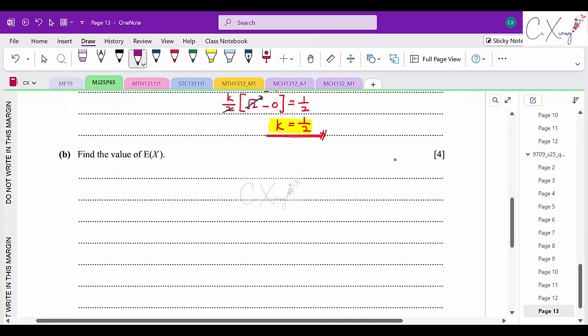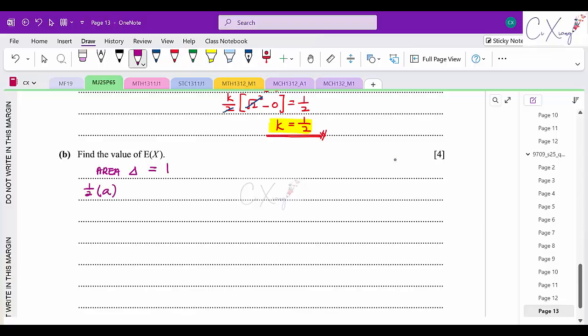So half times base a, then height half a, equals 1. So you have a squared equals 4 and a should equal 2. a should take a positive value, so a equals 2 only, right?